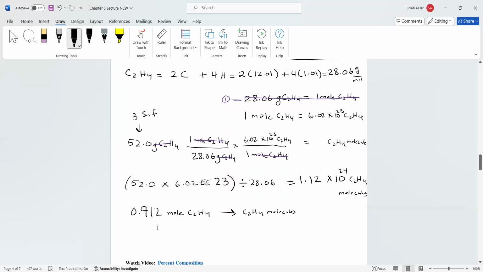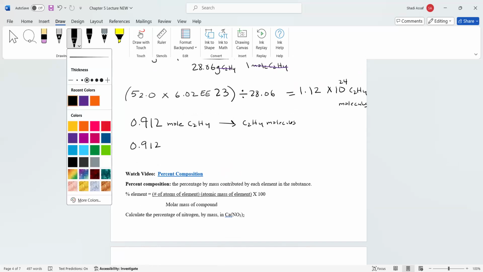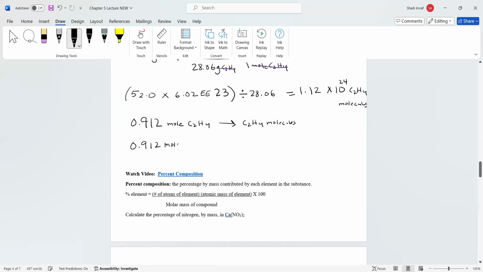So in this case, you write 0.912 moles of C2H4, and we're ending with C2H4 molecules.